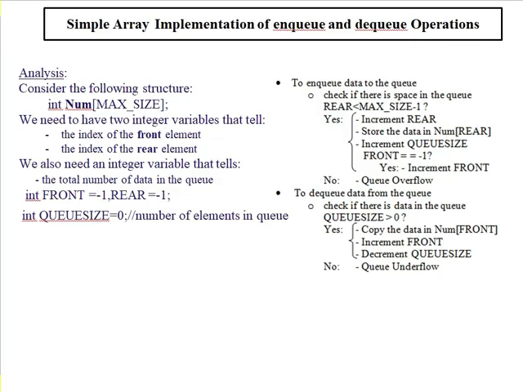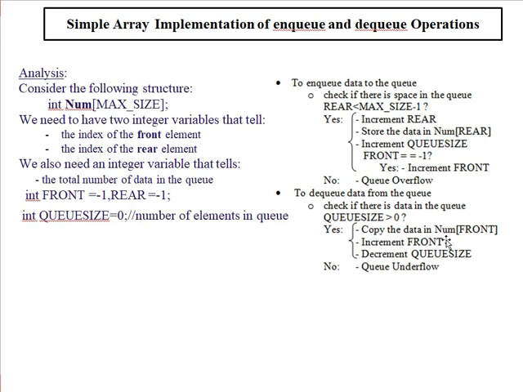Because every time we are applying the enqueue operation, we are incrementing the rear. That's why at some point we may reach the condition where the rear is greater than or equal to maximum size -1.